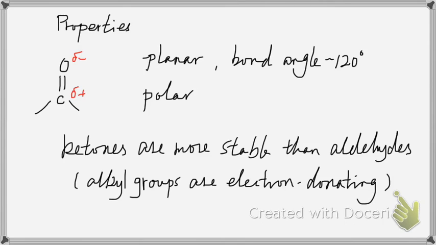While considering the aldehydes, the hydrogen will be smaller. So if we have a nucleophile to attack the carbonyl, it's easier to approach the carbonyl. We will talk more about this when we get to the reaction part. Ketones are more stable than aldehydes, which means aldehydes are more reactive than ketones.